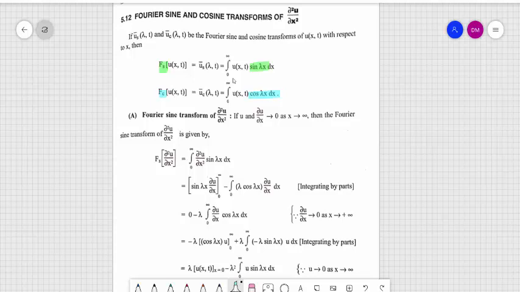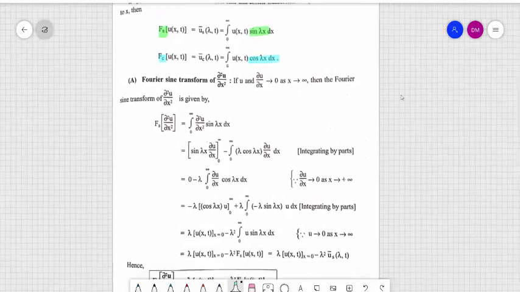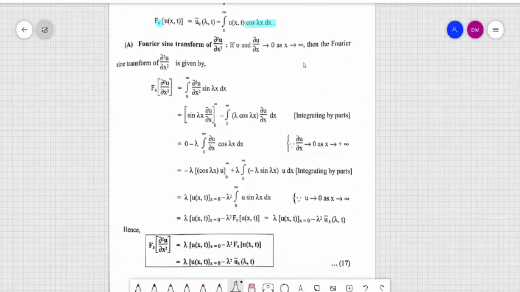That's why they don't think about x tending to minus infinity. As x tends to plus infinity, u and its partial derivative with respect to x tend towards 0. See, we get the answer of this. Why we made such assumptions.